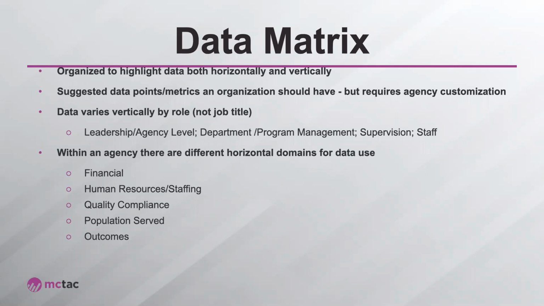So we're going to be talking about finance, human resources, quality measures, data that's relevant to the population, the people we serve, and also outcome data. And not only are we going to be looking at the data across the horizontal domains that I've just mentioned, but also vertically, in terms of the data that the leadership at an agency level needs, the data that department and program managers need, the data that supervisors need, and the data that staff need as well. So that's the horizontal and the vertical review of data we'll be looking at.